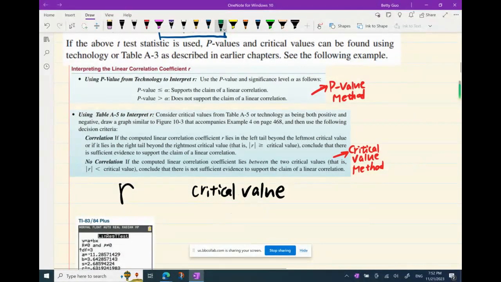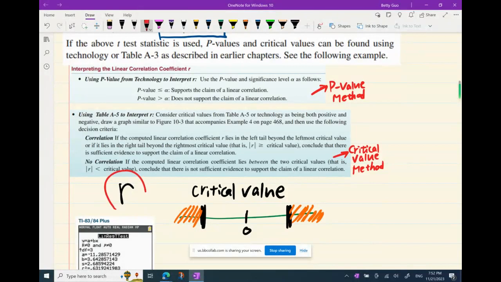They are going to be opposites of each other. So this is 0, this is the negative critical value, and this is the positive critical value. This would be the critical region in the left tail, and this would be the critical region in the right tail. They are symmetric. You look at where R falls.